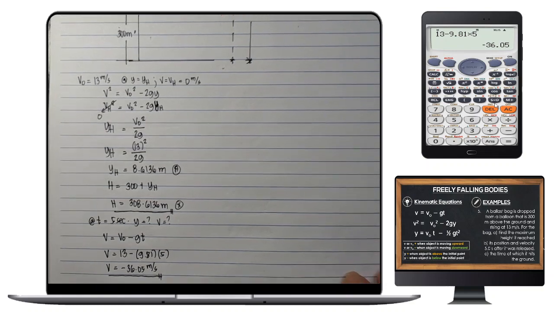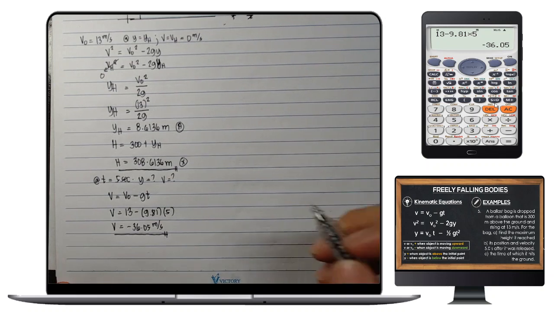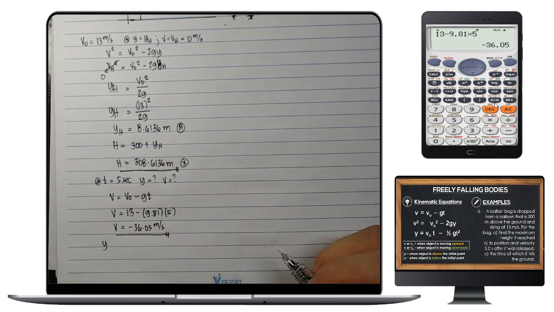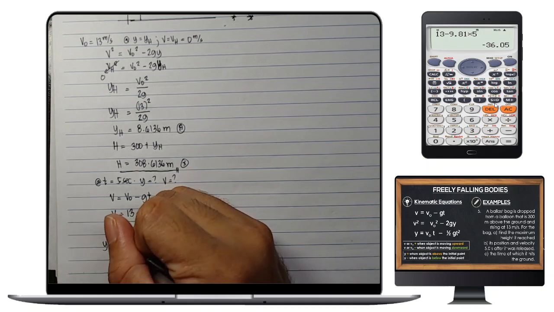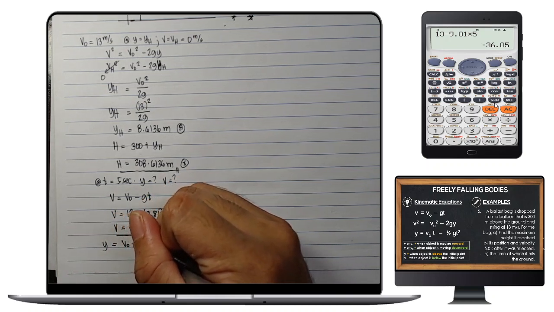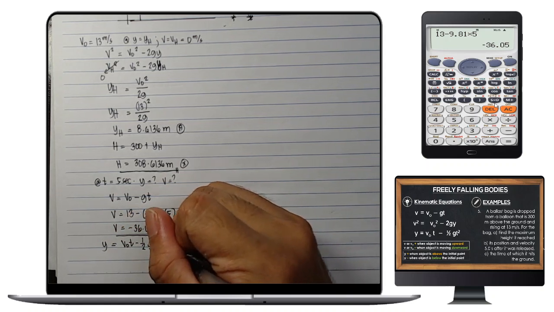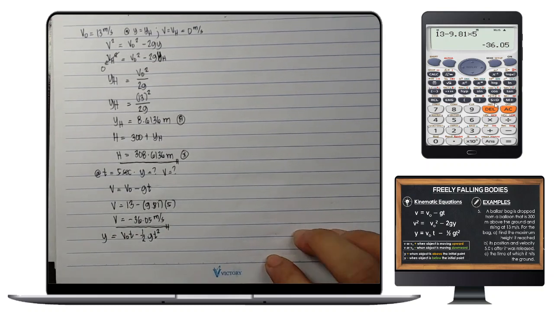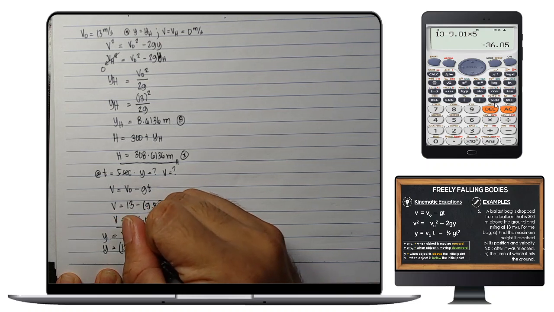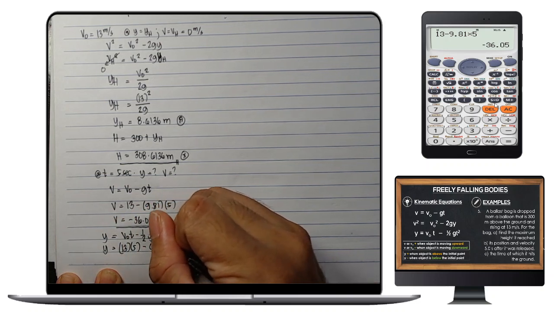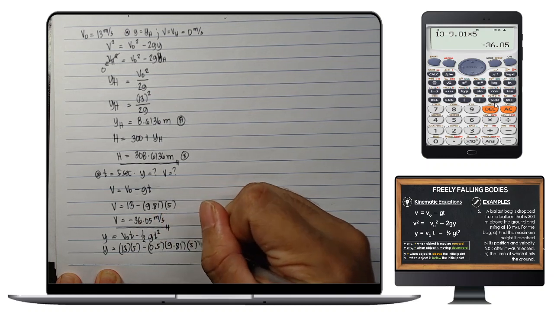So, let's find the value of y from this equation. So, to find the value of y, we can use the third equation, y is equal to vot minus 1 half gt square. Okay? So, substitute lang natin dyan. Y natin is vo, that is 13 times t, which is 5, minus 1 half, 0.5 na lang, times g, which is 9.81, times 5 square.